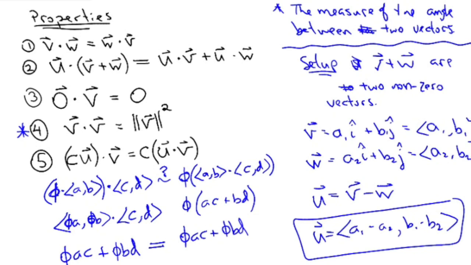Coordinate system. Two vectors, one of them being V, one of them being W, whatever the heck a, b, a1, b1, a2, b2 are.